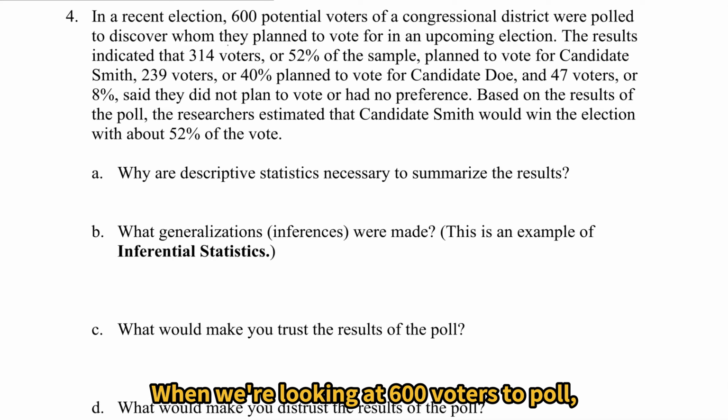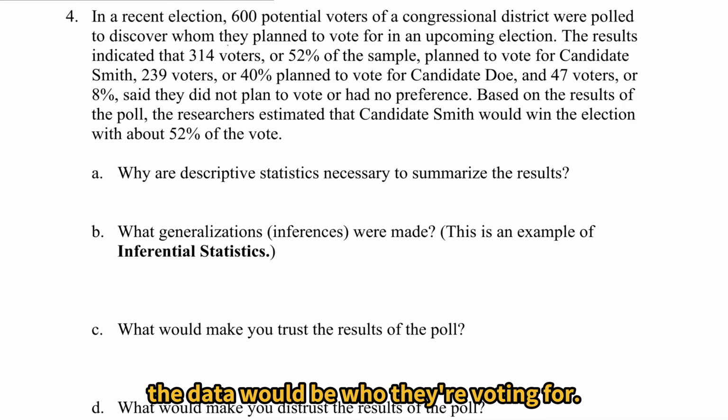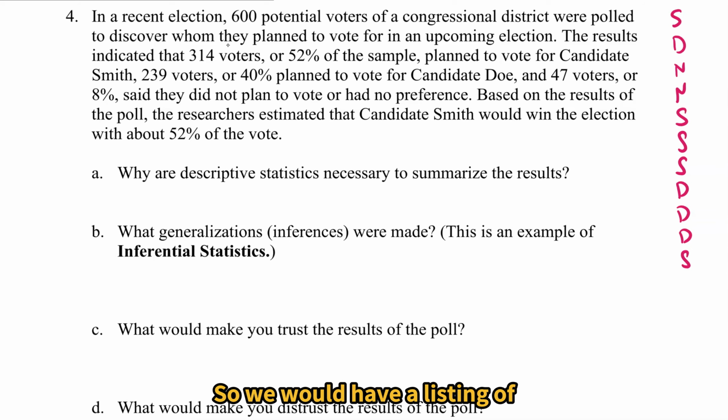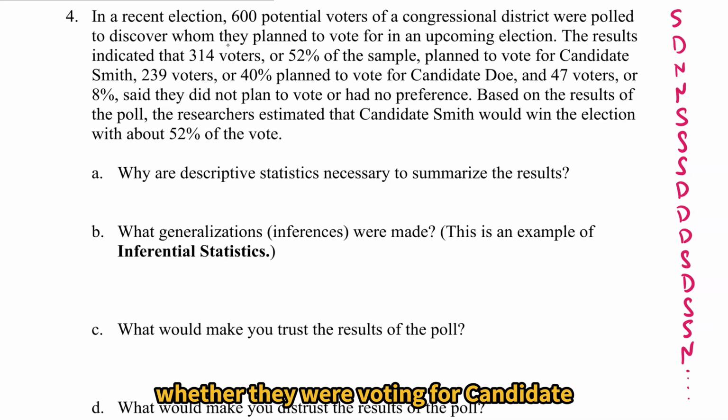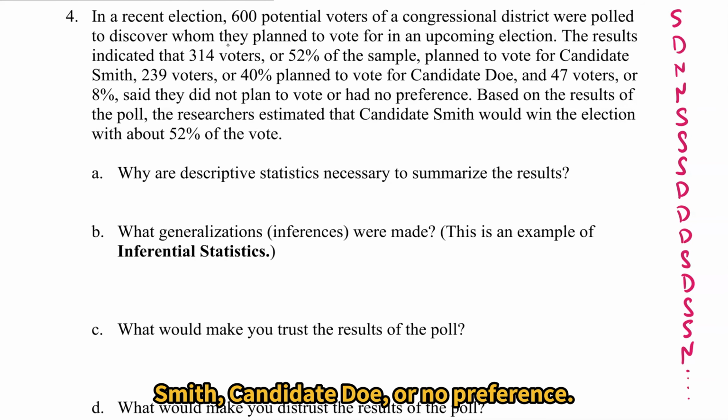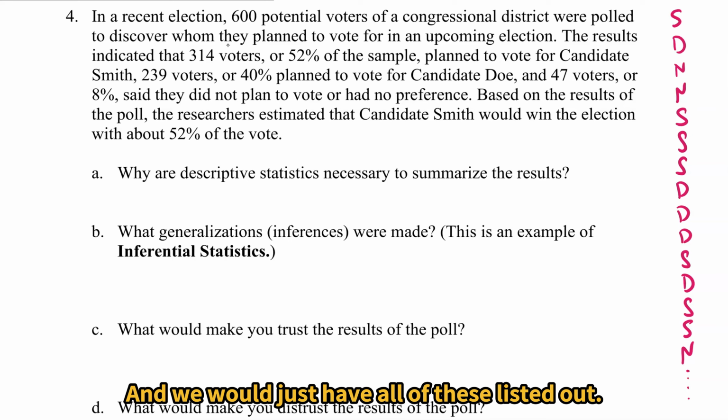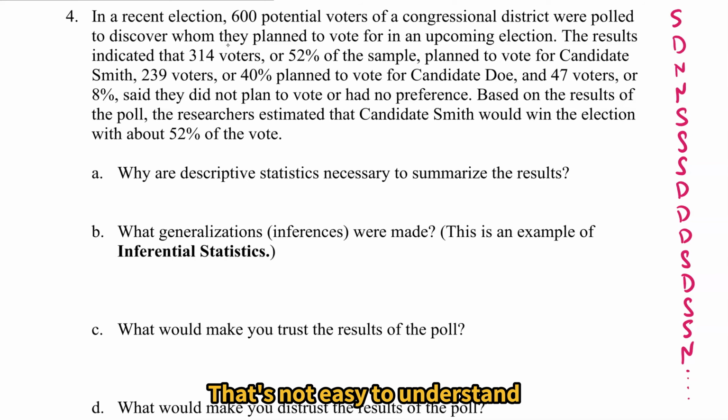Well, when we're looking at 600 voters to poll, the data would be who they're voting for. So we would have a listing of whether they were voting for candidate Smith, candidate Doe, or no preference, and we would just have all of these listed out. That's not easy to understand when you're looking at data.